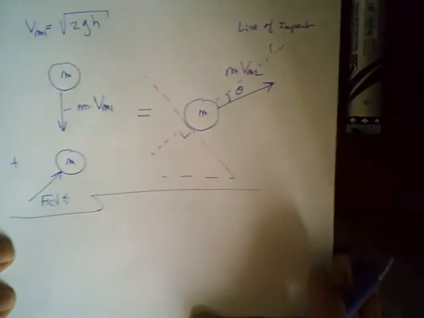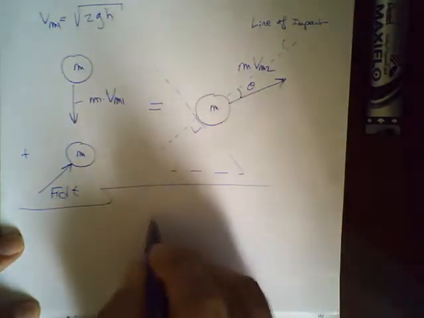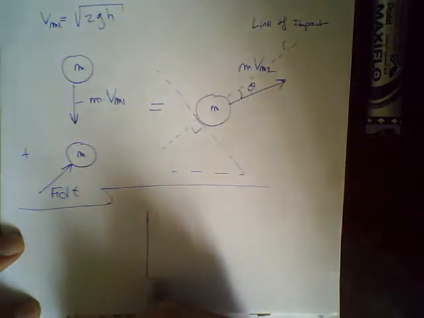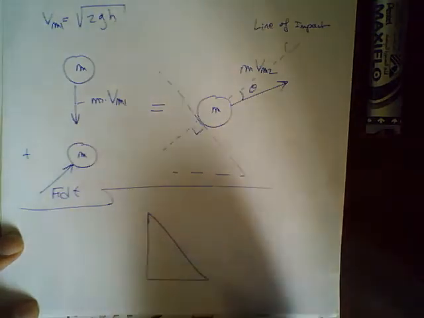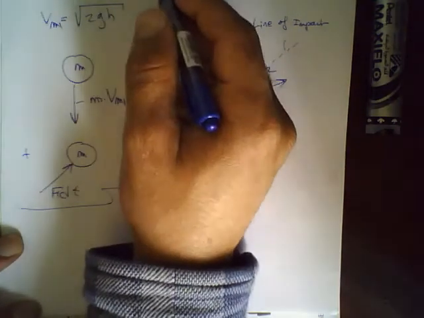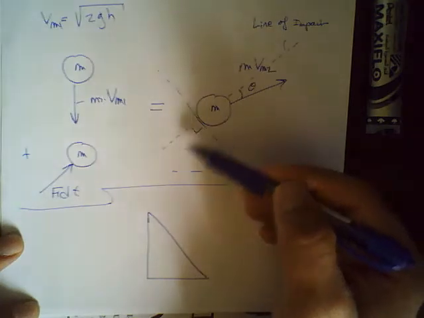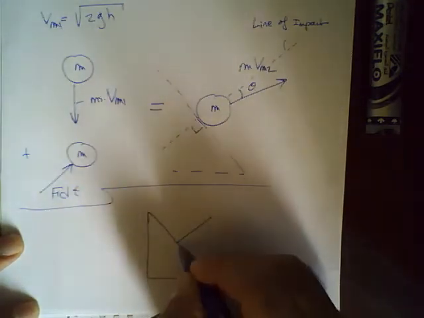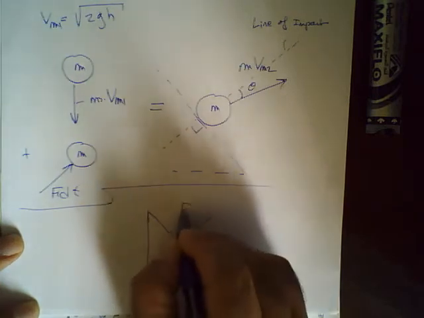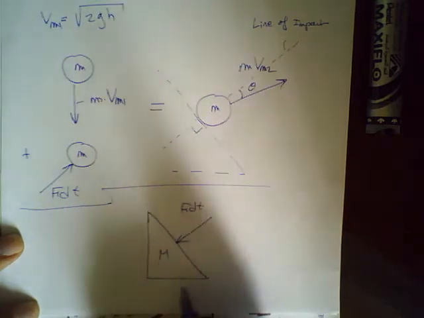So this is it for the first mass, and let us look at what is going to happen at the second mass. The second mass is initially at rest. It has no velocity, and then all of a sudden the ball hits it, and now it has an impulse. This F dt is equal and opposite on this guy, the bigger mass.